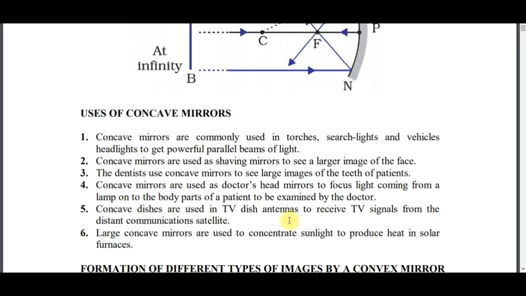And if you keep a wood or paper or anything which can be burnt, then it will immediately burn, because all the rays coming from the sun which are parallel, all those rays are concentrated at a very small point, okay, and we know that light is a form of heat and energy. So all that energy is being concentrated, all that heat is being concentrated at just one point, so that will produce some heat obviously.